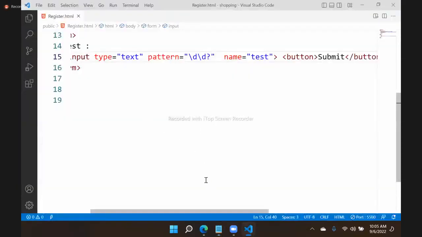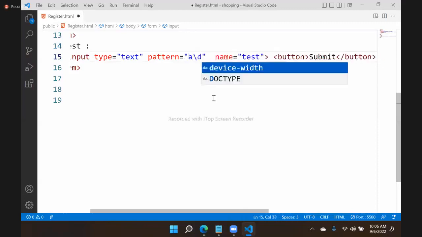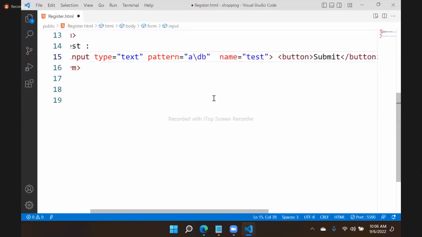Suppose I want to define something like this. You can put A and slash D, and then B. This indicates there should be A and B at the beginning and ending, and in between there can be any number, only a number allowed.